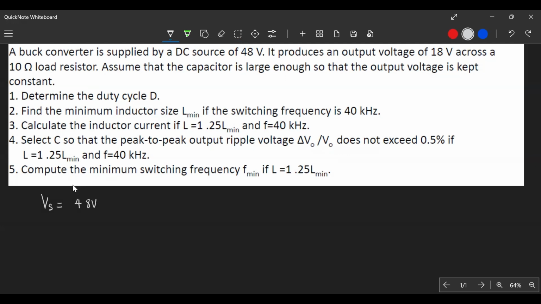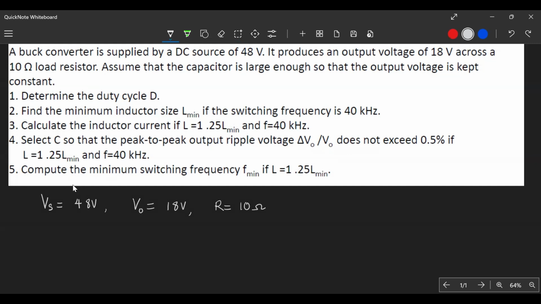We are given the output voltage, so we have stepped down 48 volts to 18 volts. We have connected the load of resistance 10 ohms. Remember that the voltage is taken across the capacitor. The function of the capacitor is just to maintain the constant voltage across the output terminals.